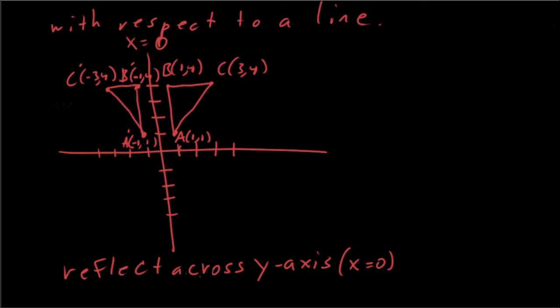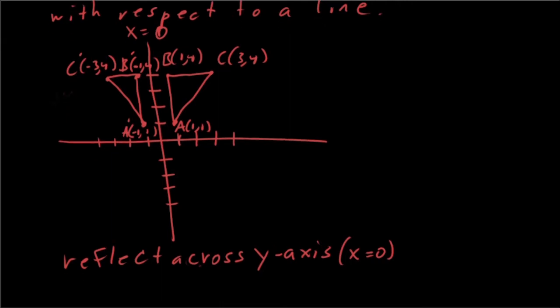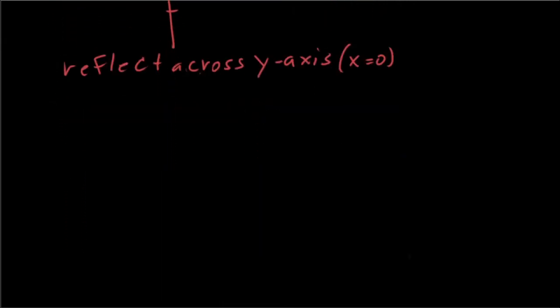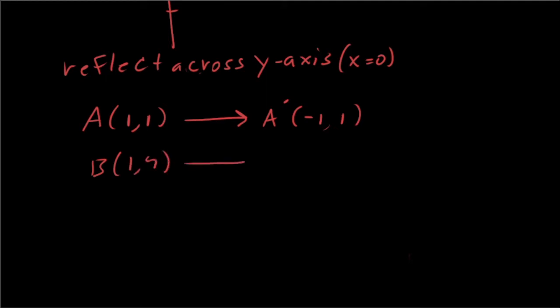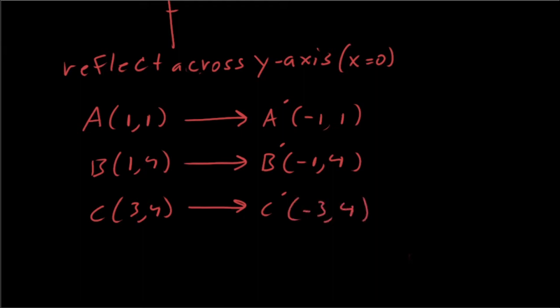And we have to write down our rule. So A, which was 1, 1, goes to A prime, which was negative 1, 1. B, which was 1, 4, moved over to B prime, which was negative 1, 4. And C was 3, 4, and it moved over to C prime, which was negative 3, 4.